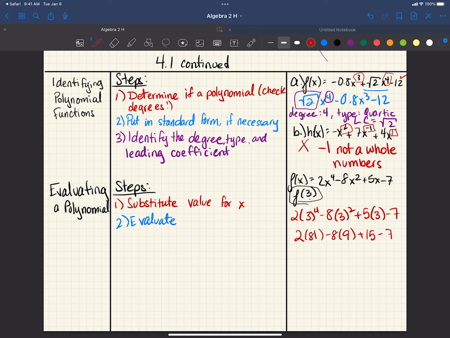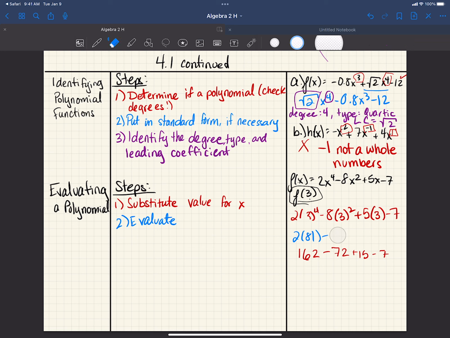So 81 times 2 is going to be 162 minus 8 times 9 is 72 plus that 15 minus 7. So when I combine all of these together, I should have changed colors. So I had 2 times 81 minus 8 times 9 plus 15 minus 7.